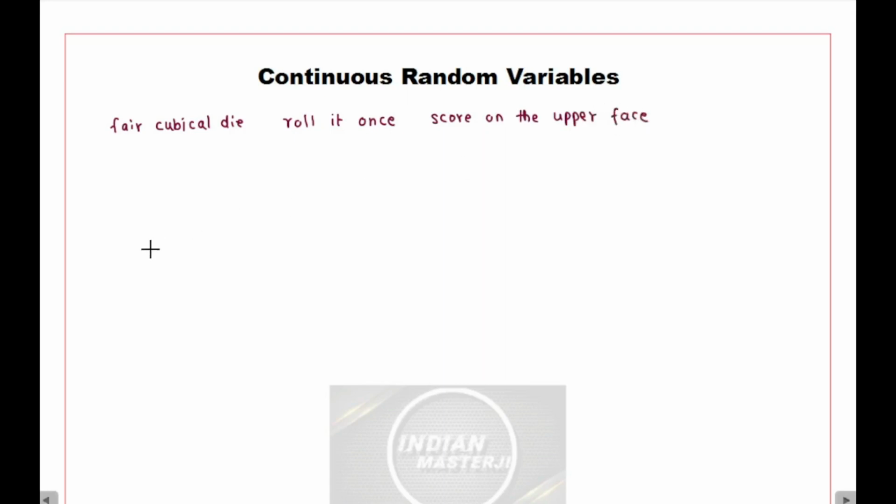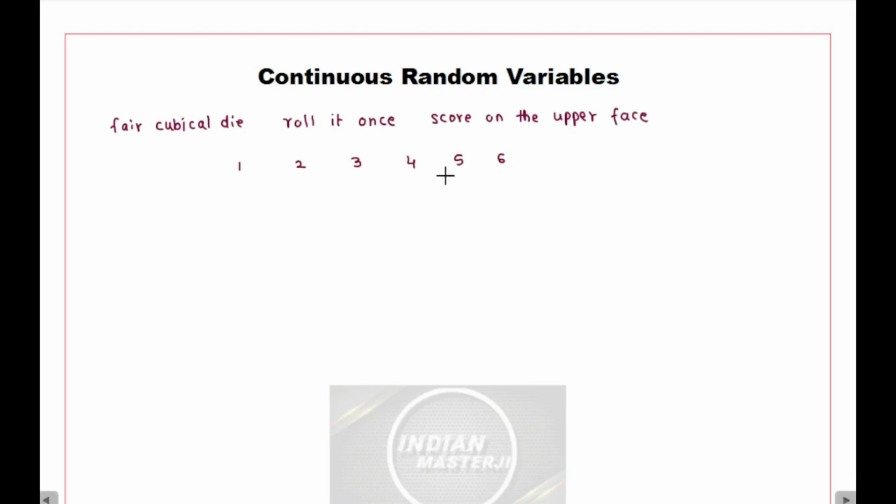So what all values can I get? I'll get 1, 2, 3, 4, 5, 6. Correct? I can have only these particular values.